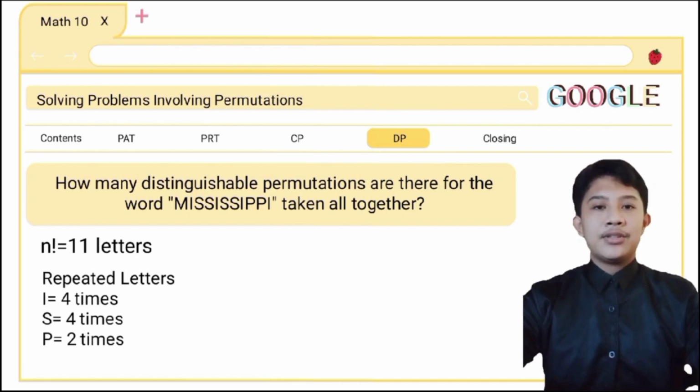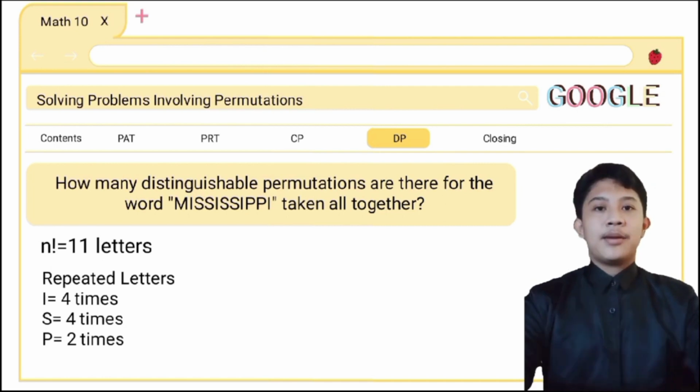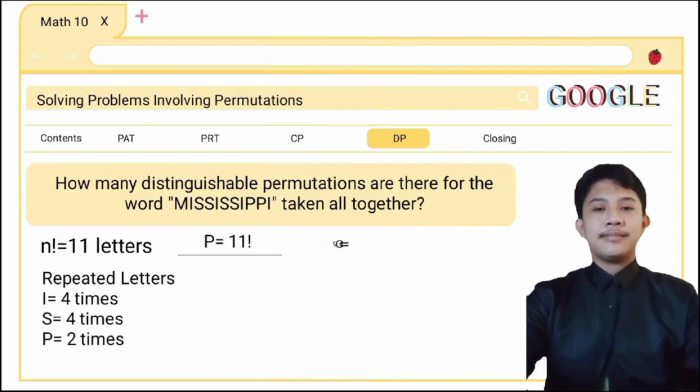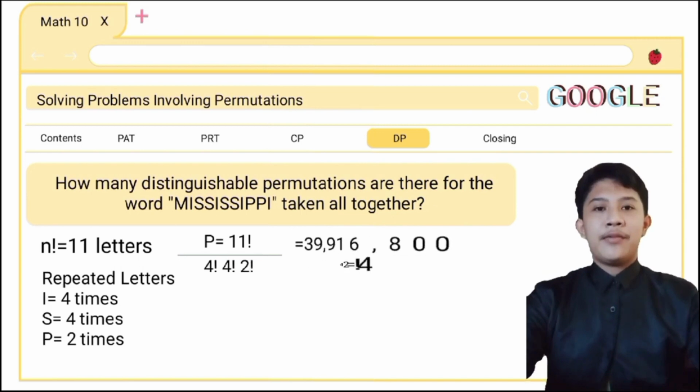And now, let's substitute all the given values. Permutation equals 11 factorial over 4 factorial for the I, 4 factorial for the S, and 2 factorial for the P. Now, let's solve all the factorials. 11 factorial is equivalent to 39,916,800.